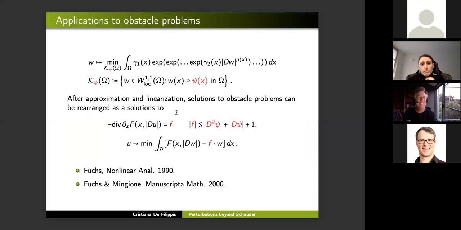We can bring this kind of functionals also into the realm of obstacle problems. Indeed, as was proven by Fuchs and Mingione, it is possible to linearize this obstacle problem, after approximating, of course, in such a way that a constrained minimizer of this variational integral can be approximated by solutions to this problem, where now the function f depends on the second derivative of the obstacle and the obstacle itself.